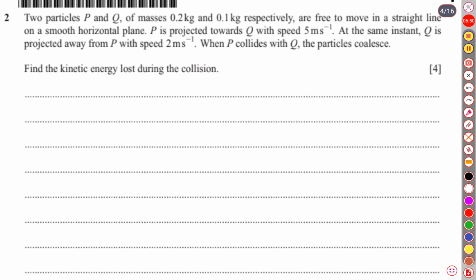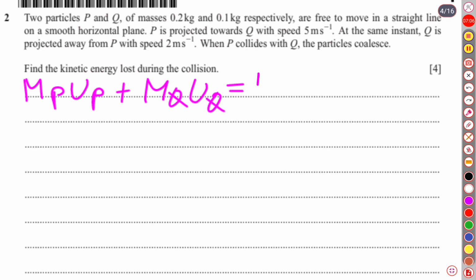So let's write the equation for conservation of momentum: mass of P into initial velocity of P plus mass of Q into initial velocity of Q equal to mass of particle P and final velocity, that means the velocity after the collision, and mass of Q into final velocity of Q.